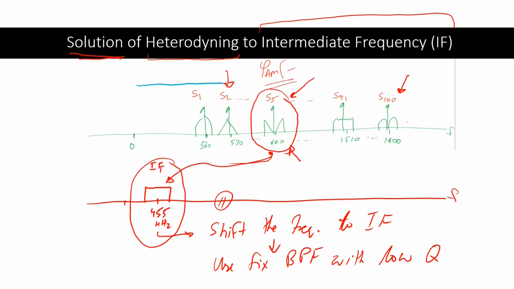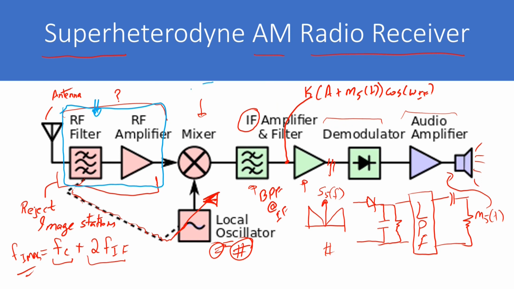So we have a filter whose cutoff is before the image station, right? And so on the left side, so that all of these are basically rejected in the first place over here in this block itself. If they are rejected at this point, we would not have an image station at the intermediate frequency. That is the reason we have an RF filter initially and then we have a mixer.